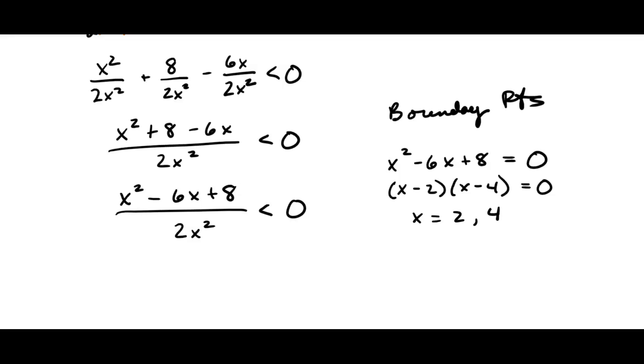So I get 2 boundary points there. But I also have to look at the denominator. So when does 2x squared equal 0? Well, when x is 0. So this time 0 is a boundary point, and I have 3 boundary points this time.